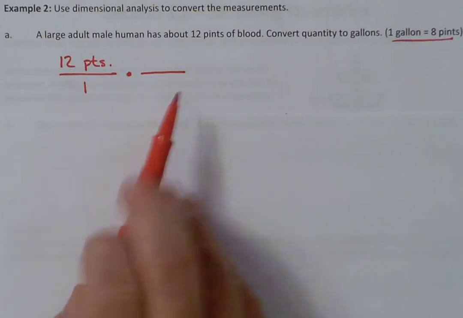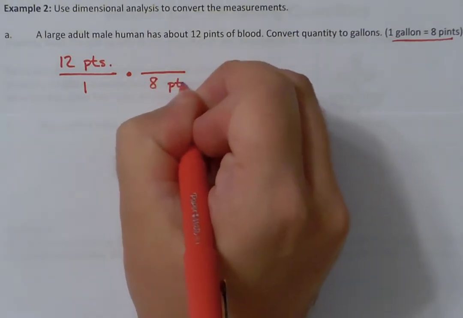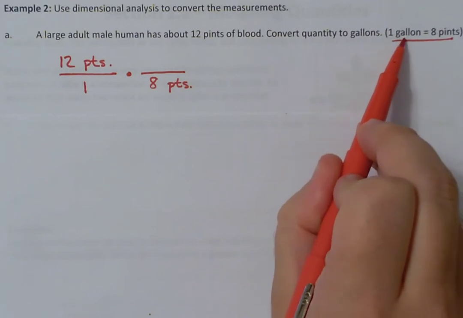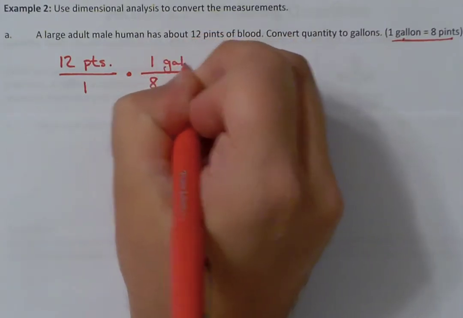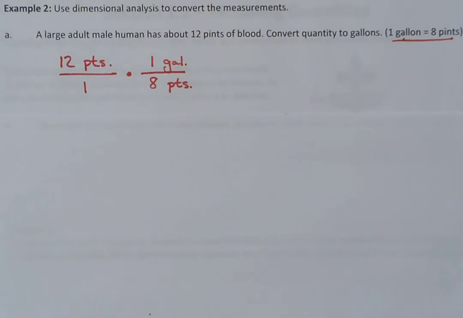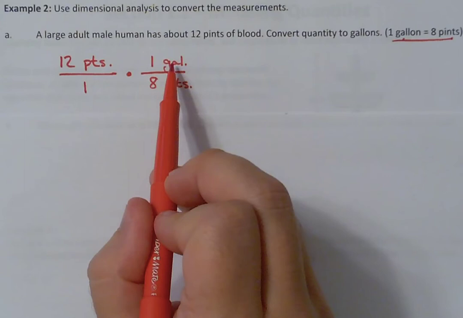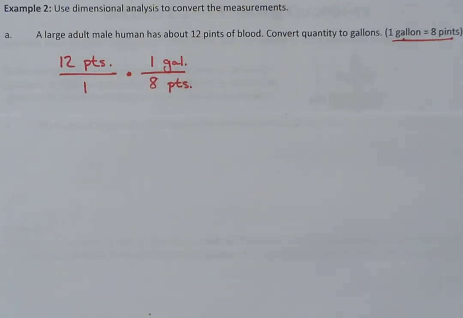So you have to do the opposite. That means we're going to put 8 pints on the bottom, and then that's going to equate to 1 gallon, and that's what we're going to put up top. So you have to do the opposite. Instead of pints on top, we have to do the opposite because we're going to go through and cancel out units.